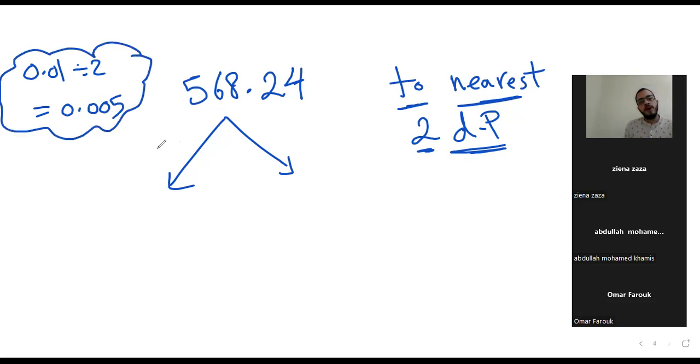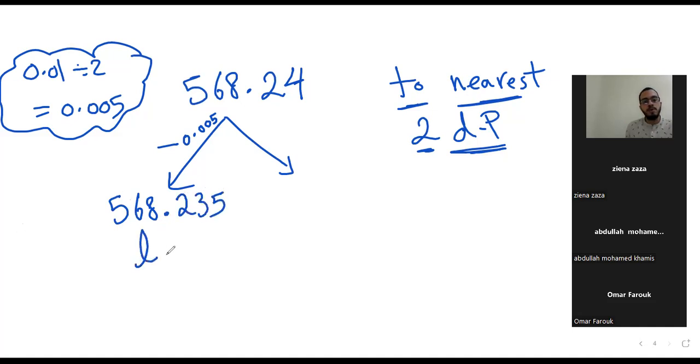So, to find the lower, you subtract 0.005, which is 568.235.